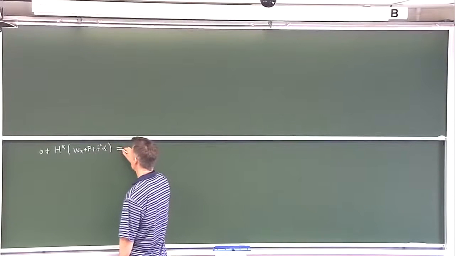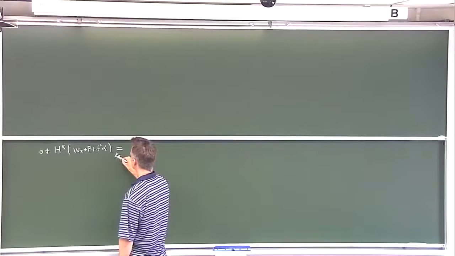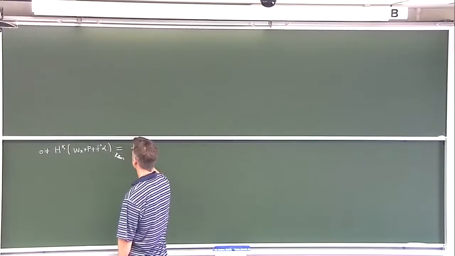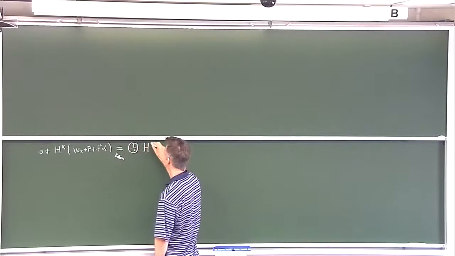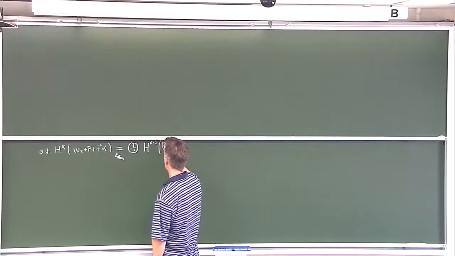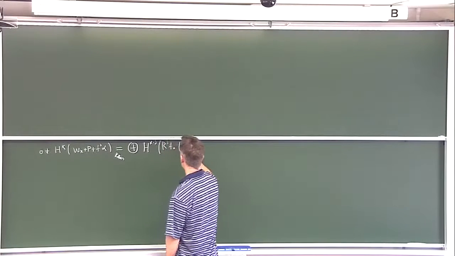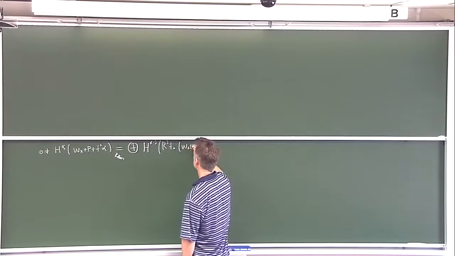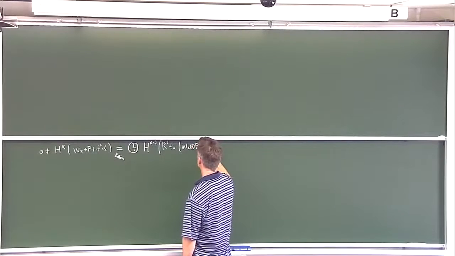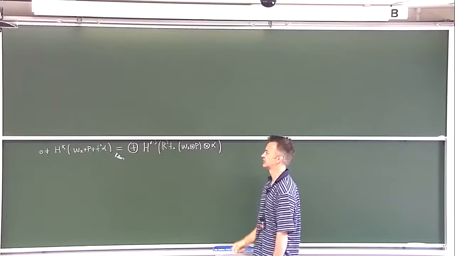This, by Kollár's theorem, is the direct sum of H k minus j of R j F lower star omega X tensor P tensor alpha. So this is Kollár's theorem plus the projection formula to take the alpha out.